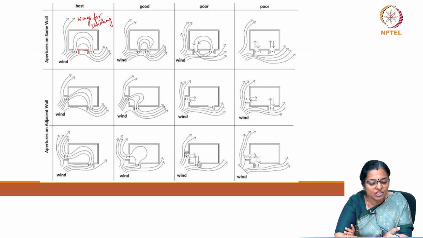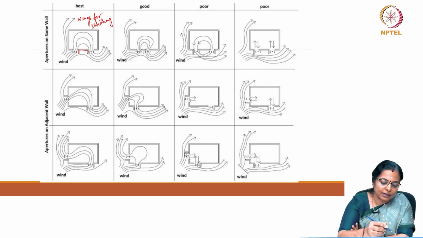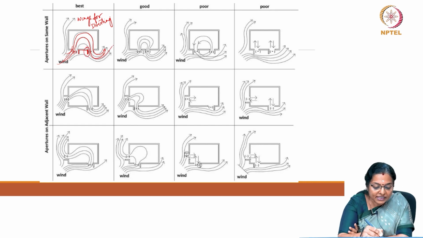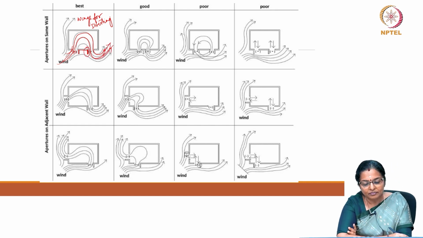So, if the aperture is only on the same wall, we must use wings for diverting, and that diverts the breeze, causing a positive pressure, and the breeze goes out through the other wing, the other opening, and this wing helps in diverting the breeze to go in the other direction.